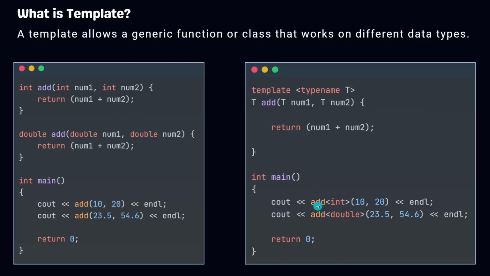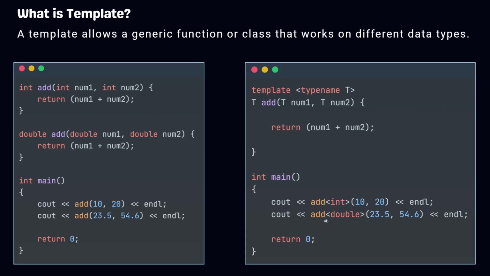In main, when we call the add method, we pass the appropriate data type and call it with arguments based on this data type. So here we can use this add method for all the data types.